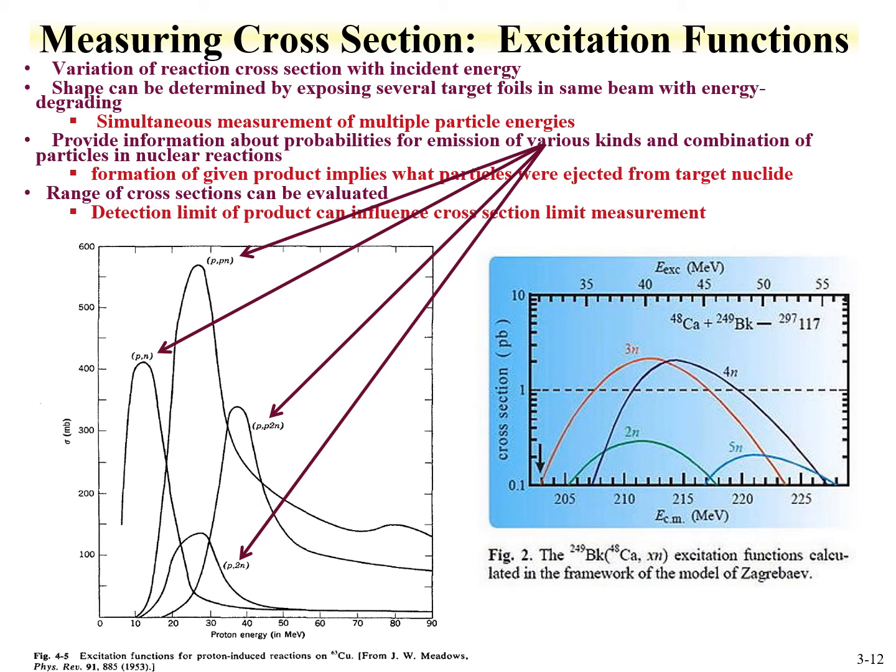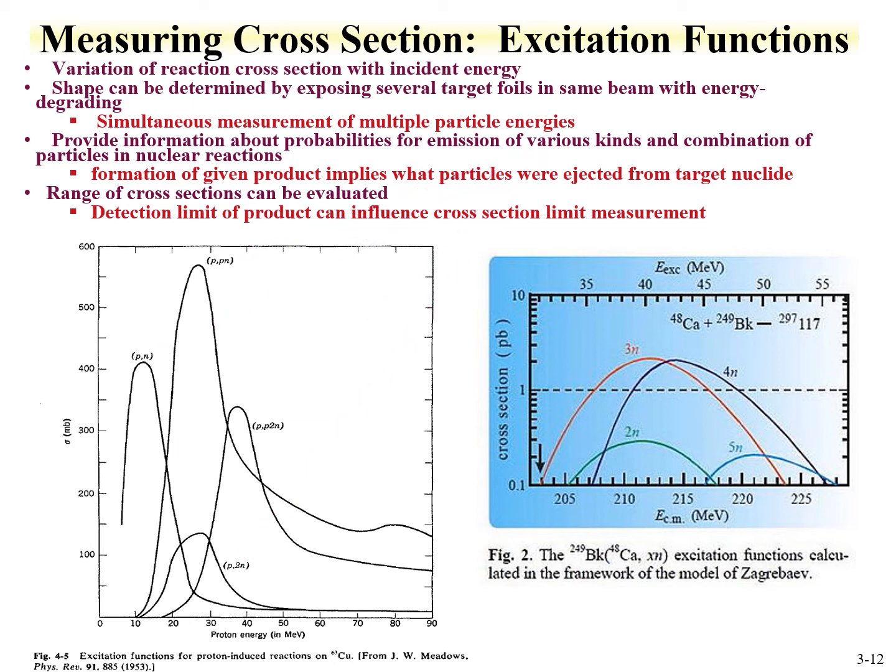Now, if I were to go to the chart of the nuclides and look at what would happen if I added a proton to copper-63 and emitted a neutron, or a proton and a neutron, or a proton and two neutrons, or two neutrons, I would see that I would have a range of different products. We can evaluate these products through their radioactive decay, measure their rates of formation, and if we measure their rates of formation, or the total amount that was formed, we can get the cross sections.